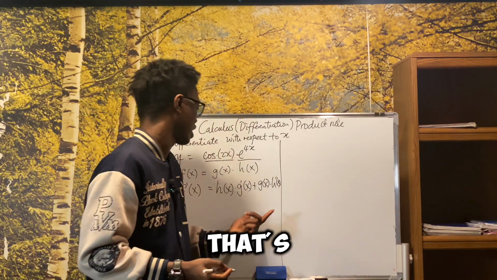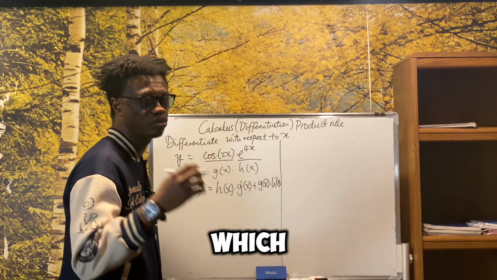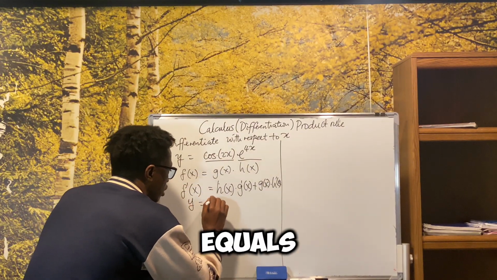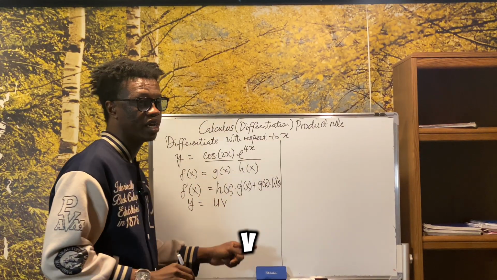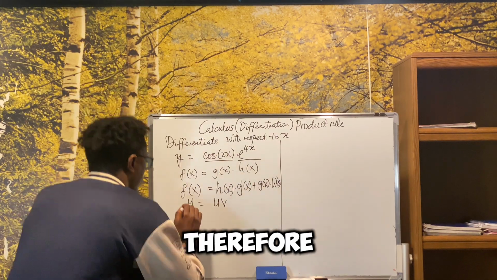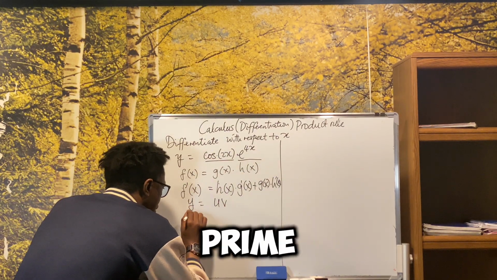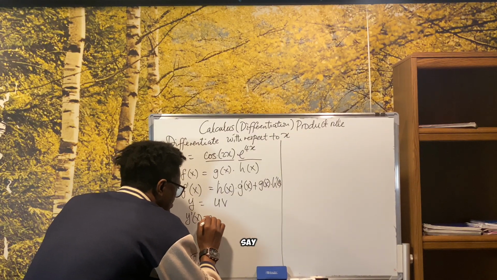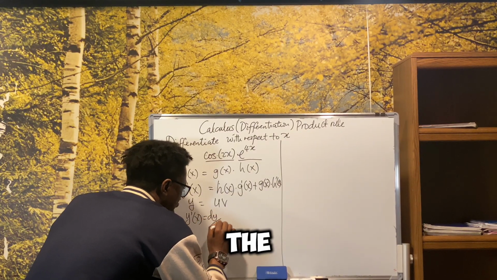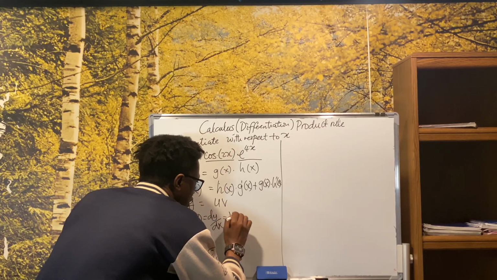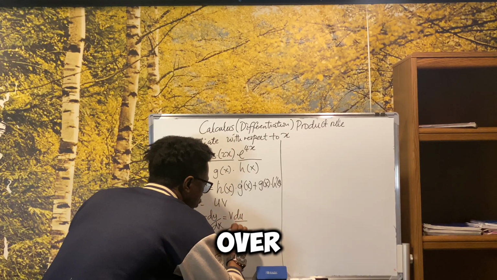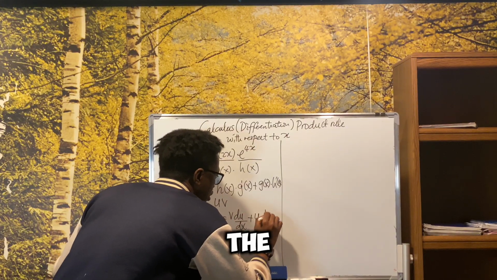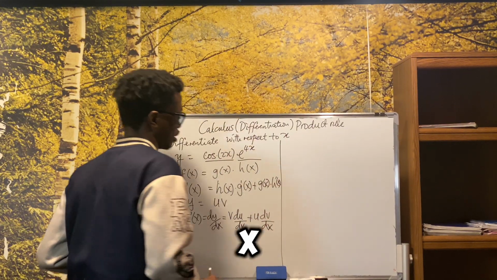Okay, so that's it. Now in another way, which most of you maybe have seen, you can say y equals uv, where u and v are functions of x. So therefore y prime of x, or dy over dx, equals v du over dx, you are differentiating u with respect to x, plus u dv over dx.